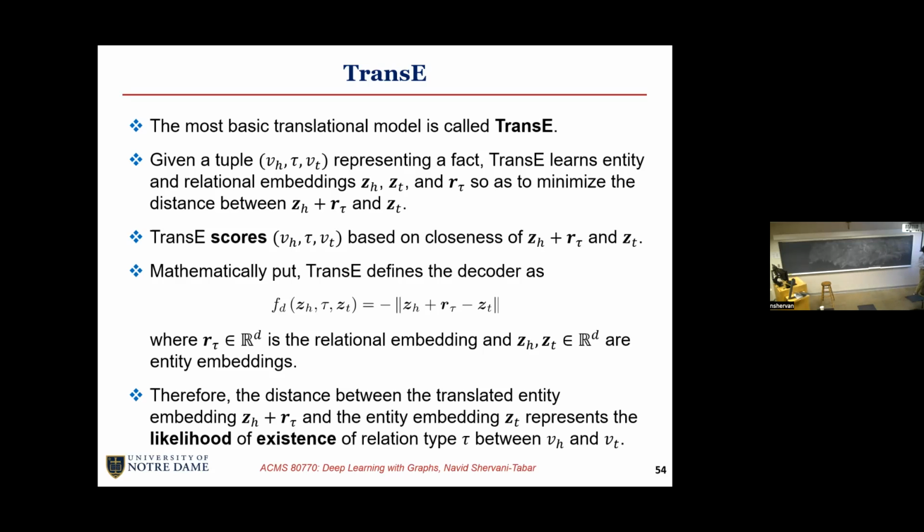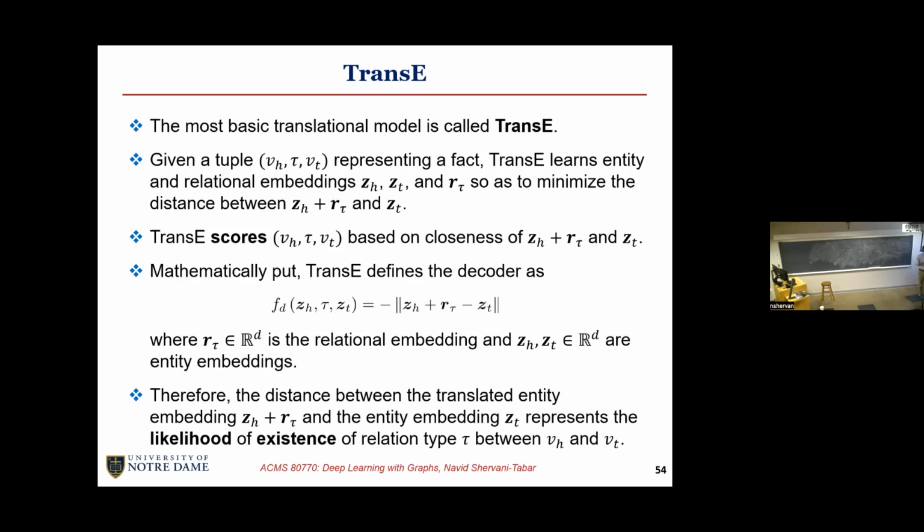So we formulate TransE as a distance between these vector summations, right? We say that we translate ZH by R tau, and we want that to be as close as possible to ZT.